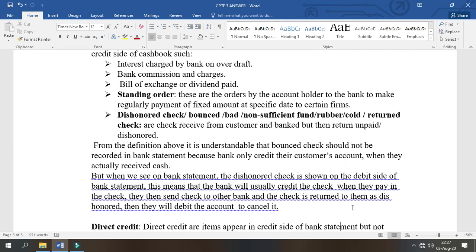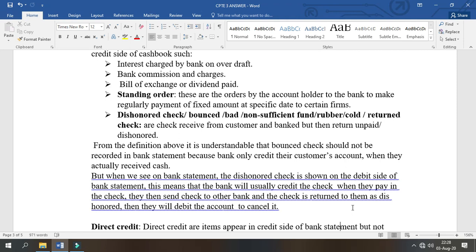So dear friends, dear viewers of this PATERA TV, this is the first class of items that appear on the debit side of the bank statement but not on the credit side of the cash book. The second class is direct credit.